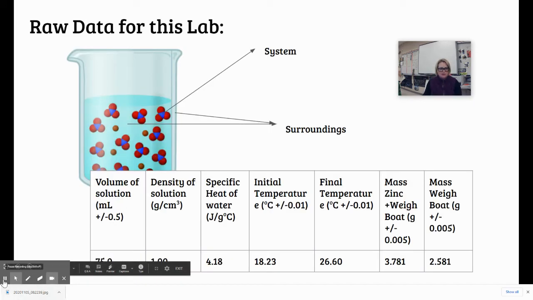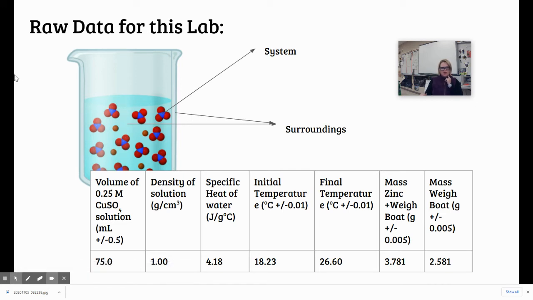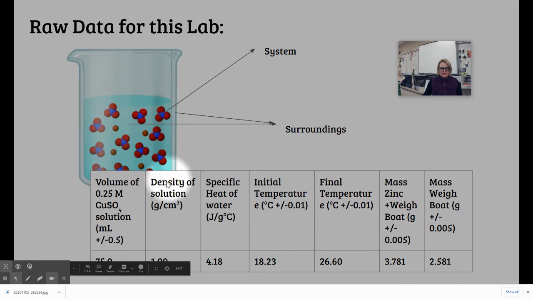I also should tell you here, quick little adjustment there, you'll see that the volume of the 0.25 molar copper sulfate solution is going to be 75 milliliters. You're going to see here that you've got a density of solution of 1.00 grams per cubic centimeter, basically the density of water.